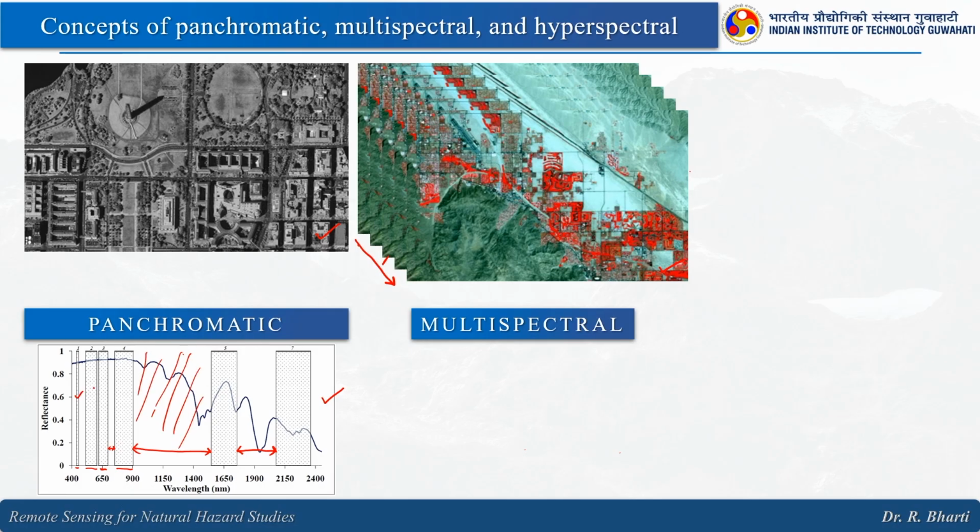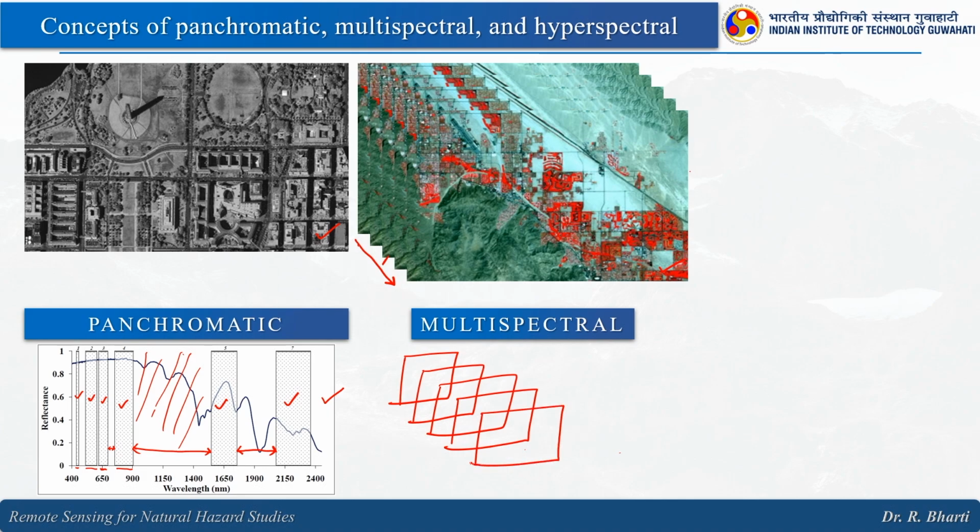So, we have 1, 2, 3, 4, 5 and 6 images. Now, when we have 6 images, that means the same area is captured by 6 different sets of detectors sensitive in different wavelength ranges.